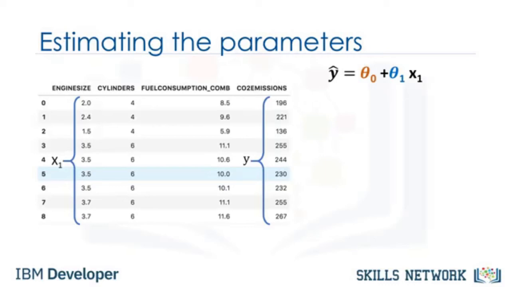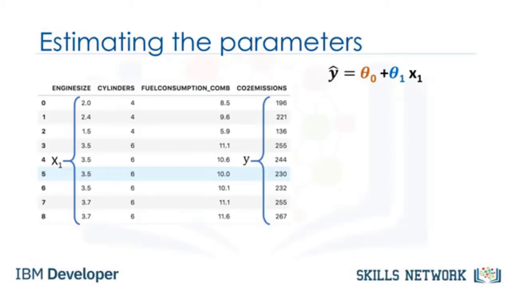Let's see how we can easily use a mathematic formula to find theta 0 and theta 1. As mentioned before, theta 0 and theta 1 in simple linear regression are the coefficients of the fit line. Given that it's a simple linear regression with only two parameters, and knowing that theta 0 and theta 1 are the intercept and slope of the line, we can estimate them directly from our data.